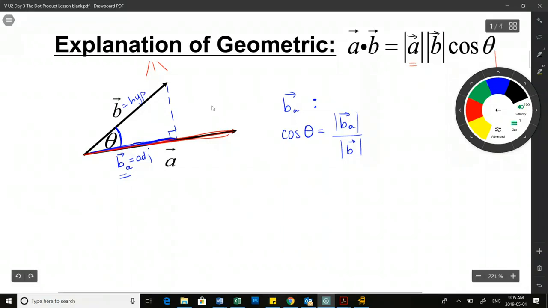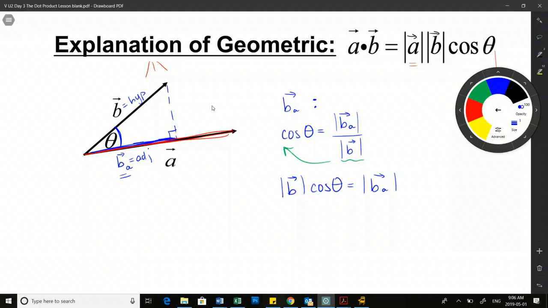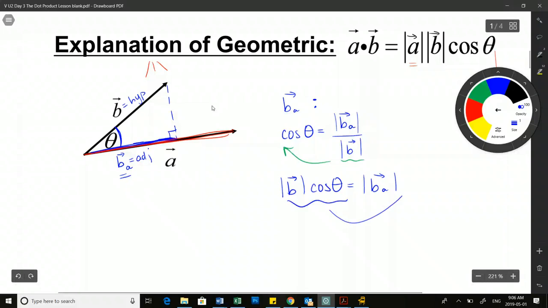I can find that simply by multiplying this up to this side over here. And that's where I get this B cos theta from. That gives me the magnitude of that B component that goes in the direction of A. And then from that, we can see how those scalars affect each other as a multiple, so how they strengthen one another. This is where I get this little component of our dot product here.